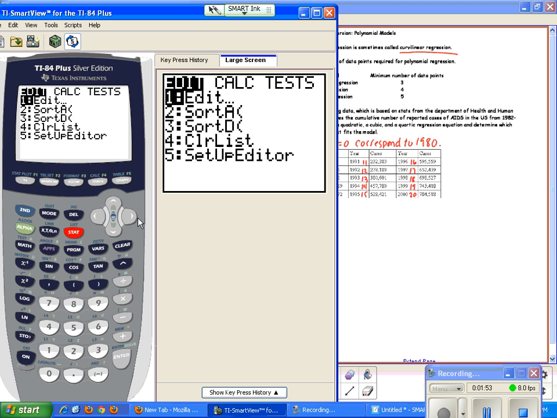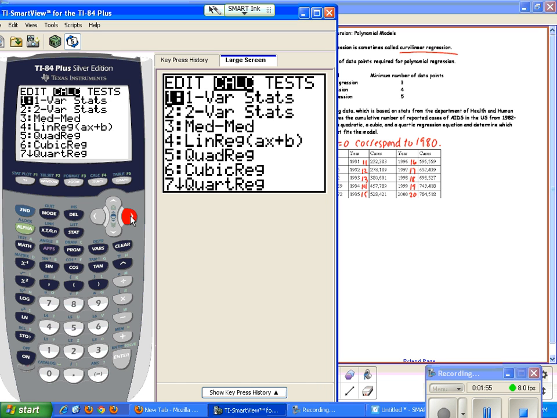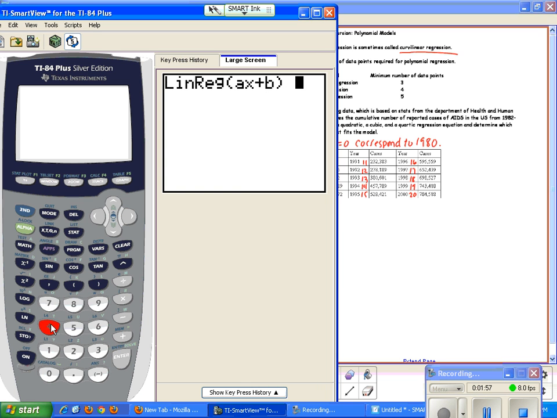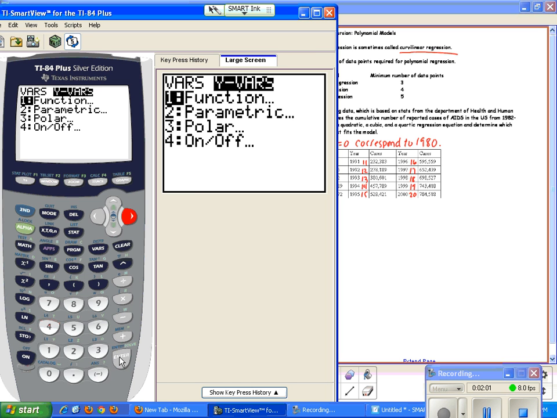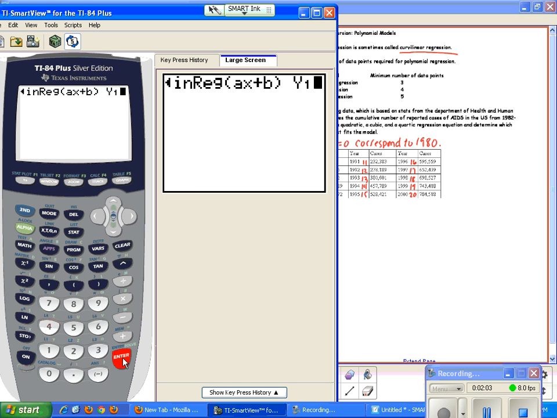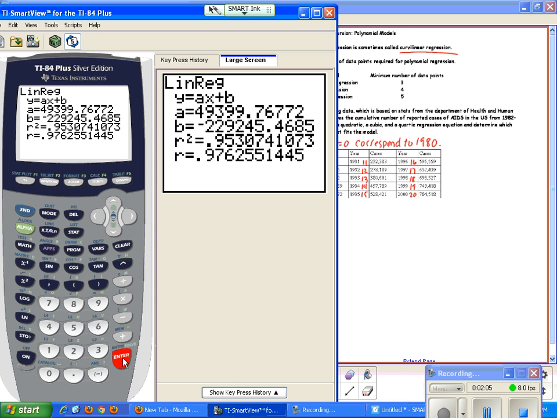Okay, so stat, calculate. So 4, and then I'm going to put this into my y1. And of course, we're going to look at our coefficient of determination, which is your r squared. It tells us how good the line fits the data.